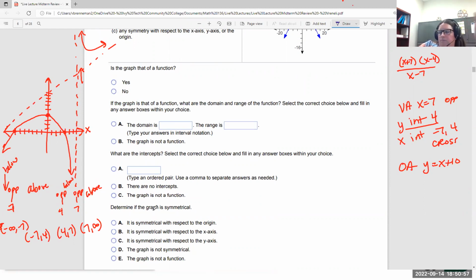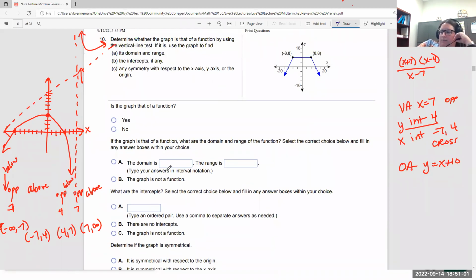lost all of the possible points there, versus if you answer those questions. So I guess just make sure that you really know how to tell if it's a function or not, so that you aren't losing all the points. So is it a function or not? Vertical line test. Is there anywhere where a vertical line would cross that graph more than once?